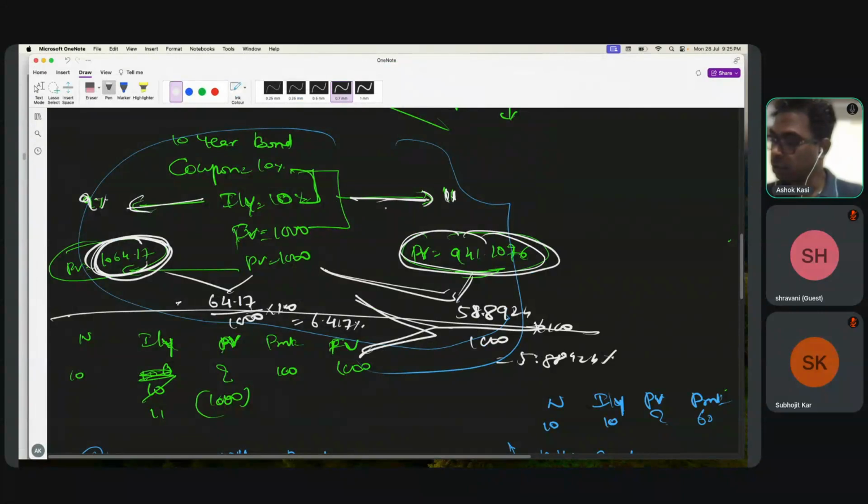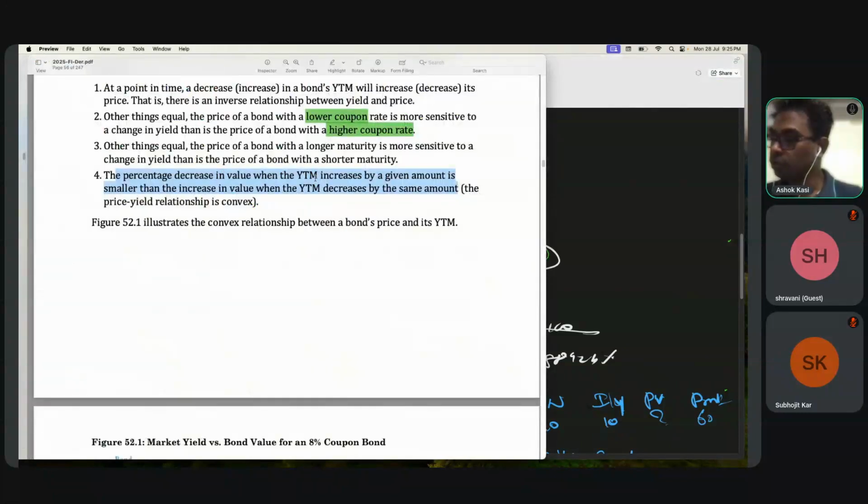When the interest rate is going up, this much it will decrease. And when the interest rate is coming down, this much it is increasing.